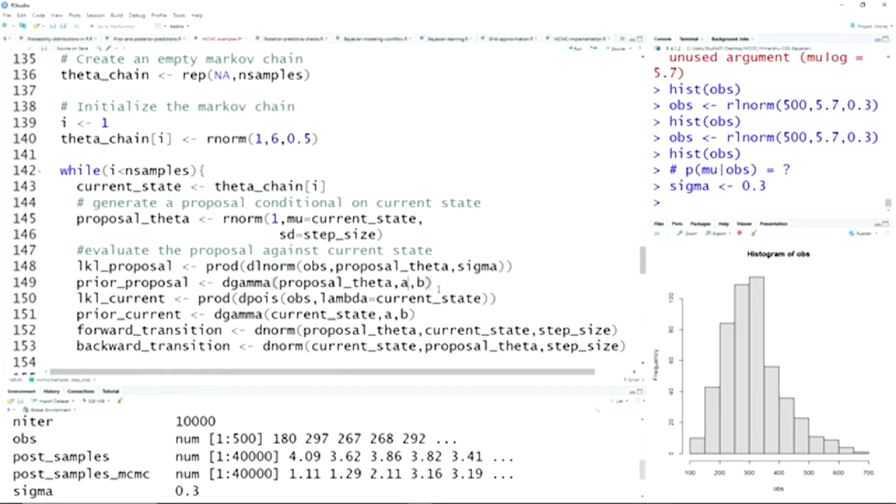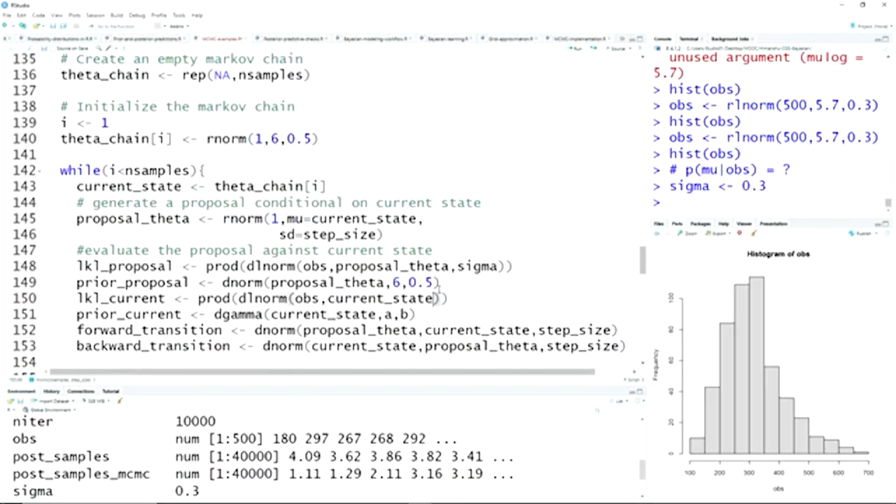Okay. Now for prior density, prior distribution is normal. So proposal theta, mean of this density was 6, standard deviation 0.5. Likelihood for the current sample would be product of, rather than dpois, dlnorm, because you have log normal likelihood rather than lambda.